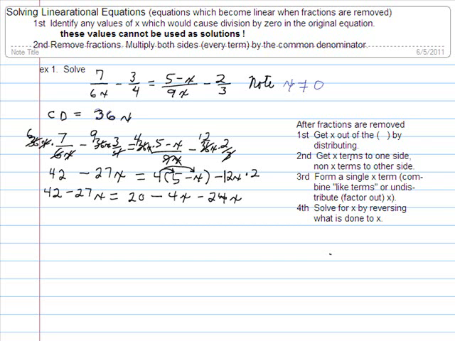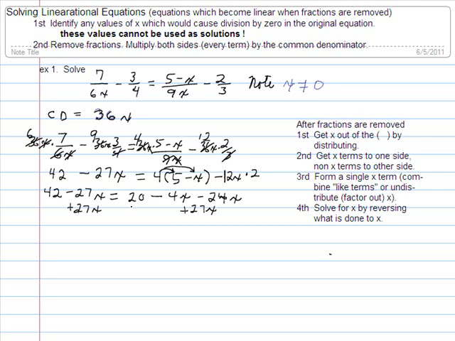The next step says get the x terms on one side and the non-x terms on the other side. I've got 2 x terms on this side, another x term on this side. I'm going to move it to the other side by saying plus 27x, and come over here and say plus 27x. My non-x terms, I have 2 of them.